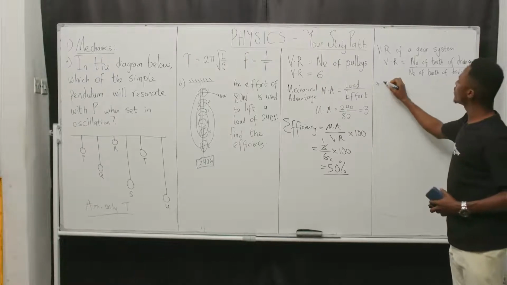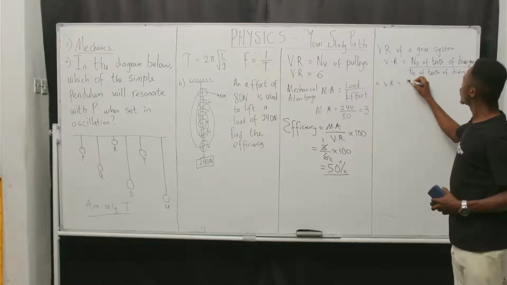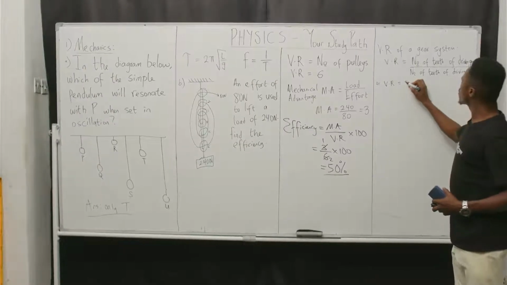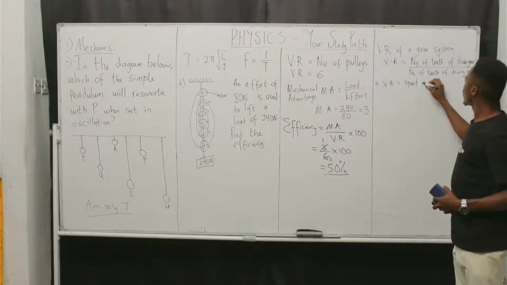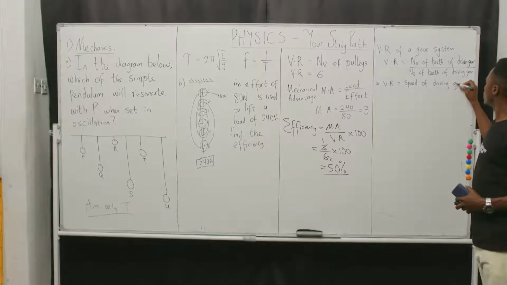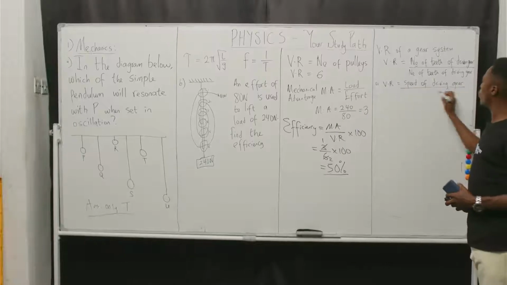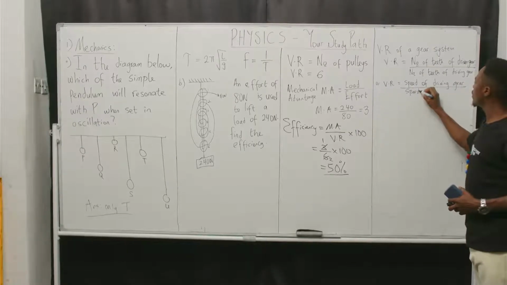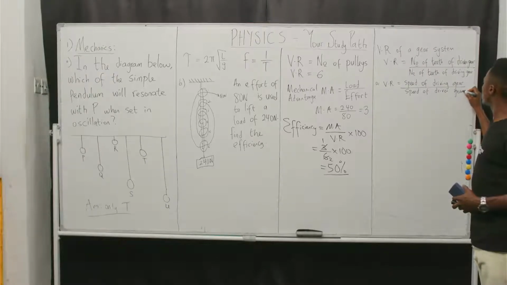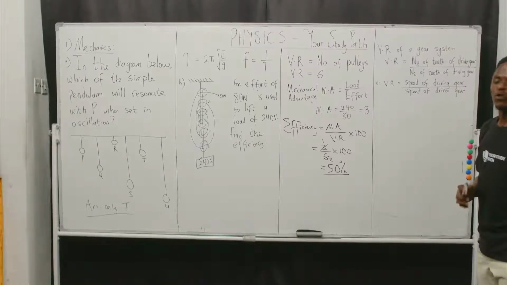Or we say speed of driving gear over speed of driven gear. So what do we mean by this?